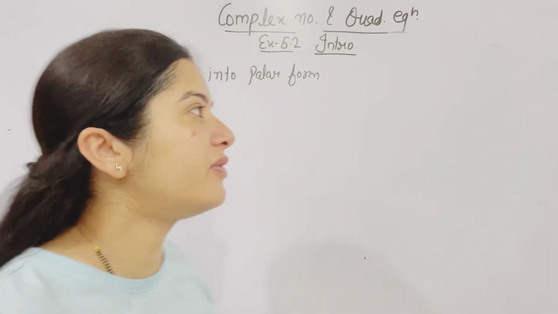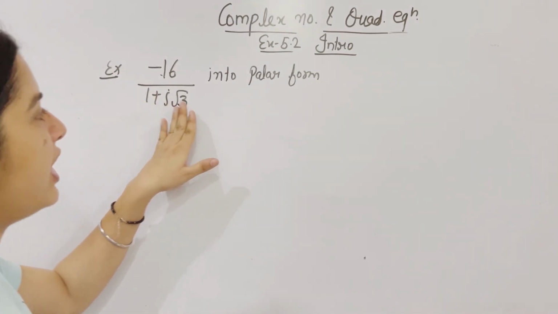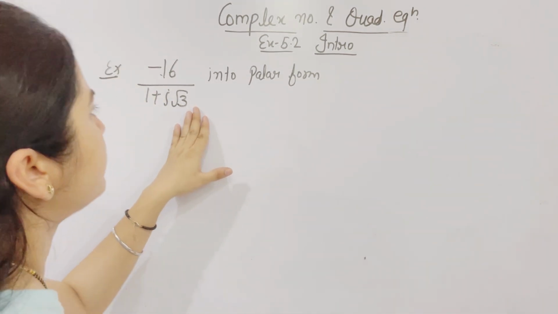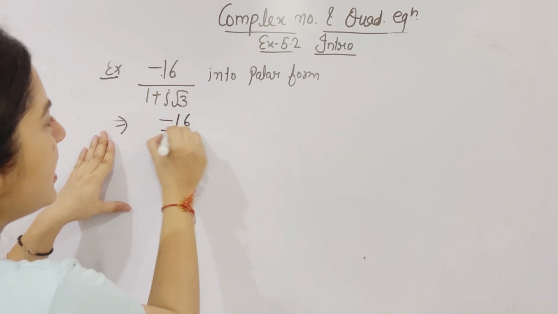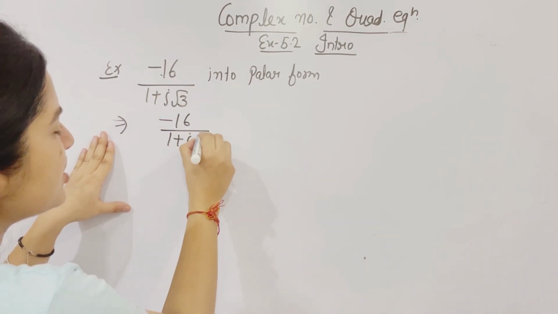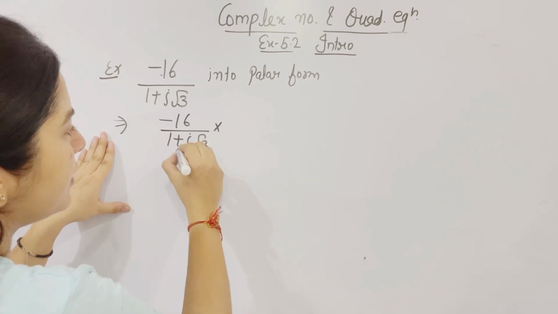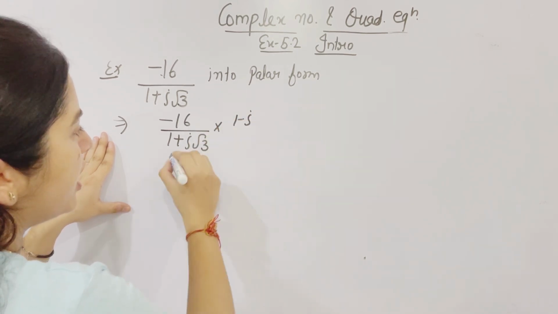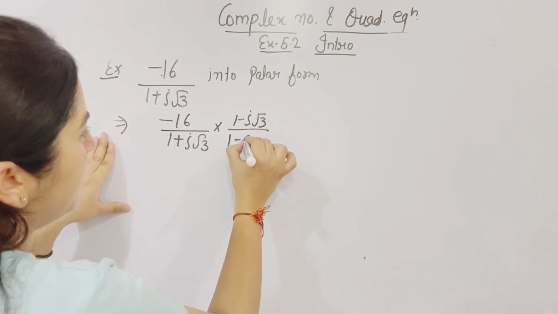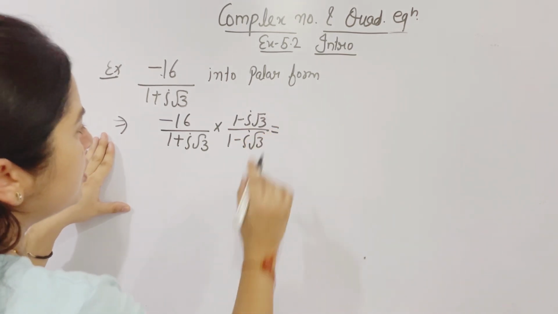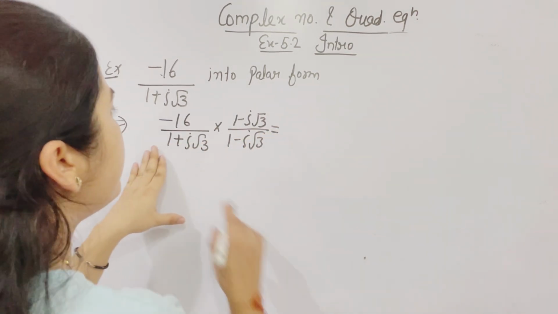Next example we have this. We have to change it in polar form. Polar form में change करने से पहले सिंपल बनाएं कॉम्प्लेक्स नंबर को, रियलाइजेशन करें डिनोमिनेटर का. 1 plus iota root 3 is in denominator, 1 minus iota root 3 से मल्टीप्लाई करते हैं. So we can make it simple.